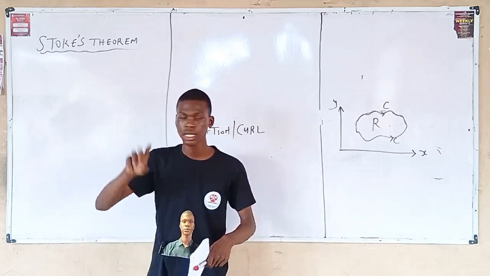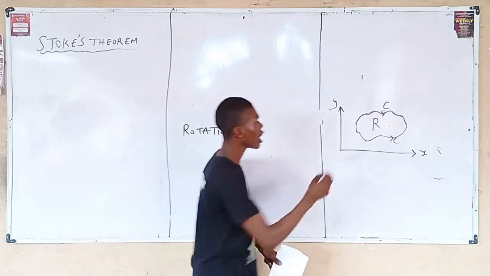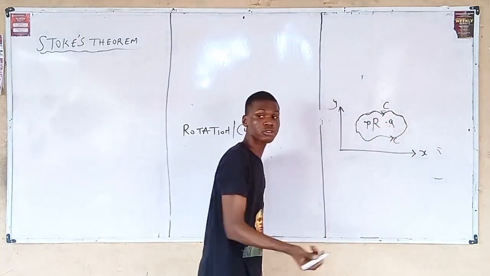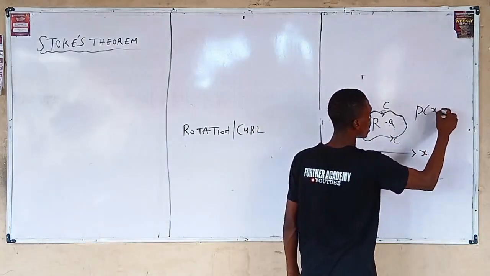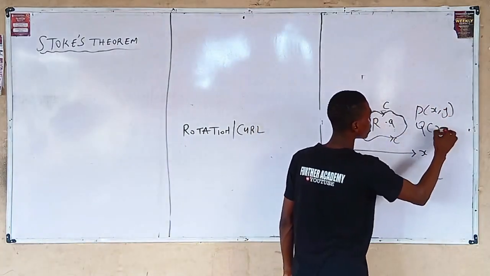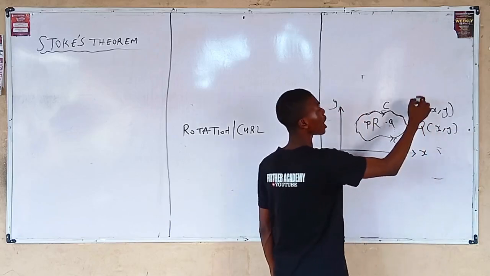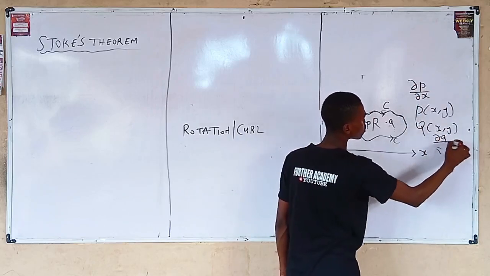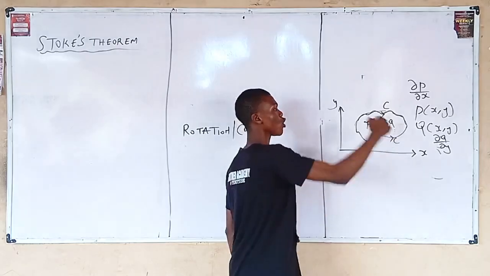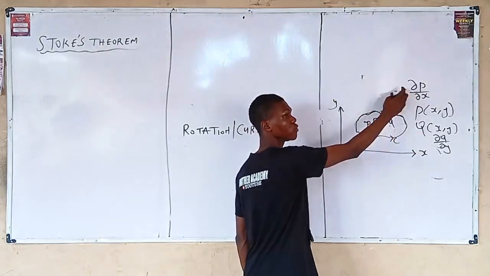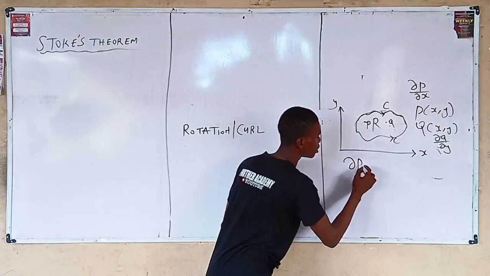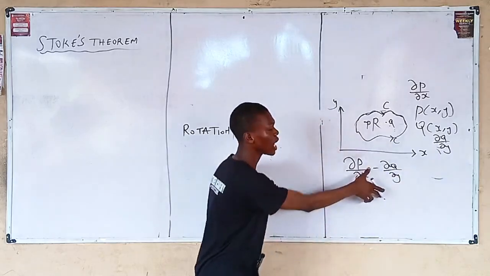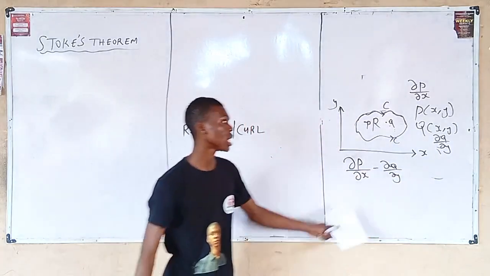So you are just taking 2 points, say point P and point Q. P and Q are vector field components, meaning P is a function of X and Y, Q is a function of X and Y. You differentiate Q with respect to X, and P with respect to Y. So to get the curl that has occurred inside this river, that is the partial of Q over X minus the partial of P over Y. This is the idea behind Green's theorem.